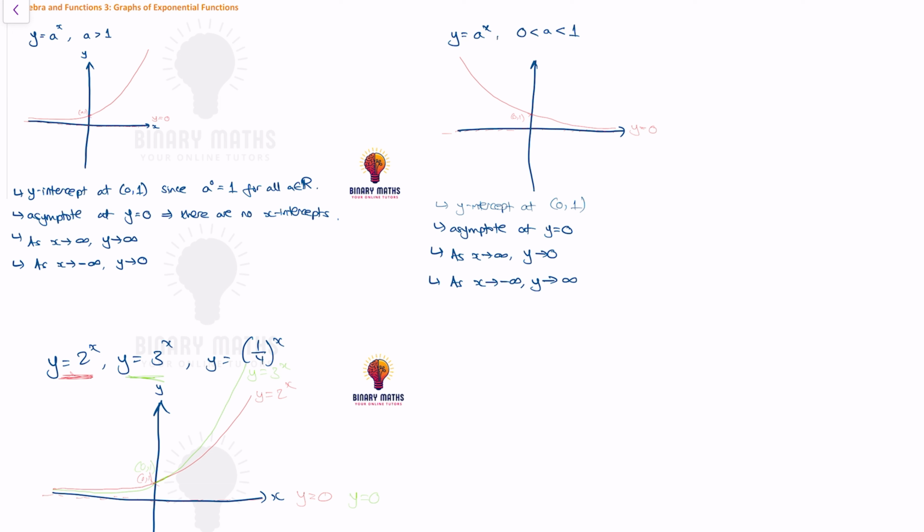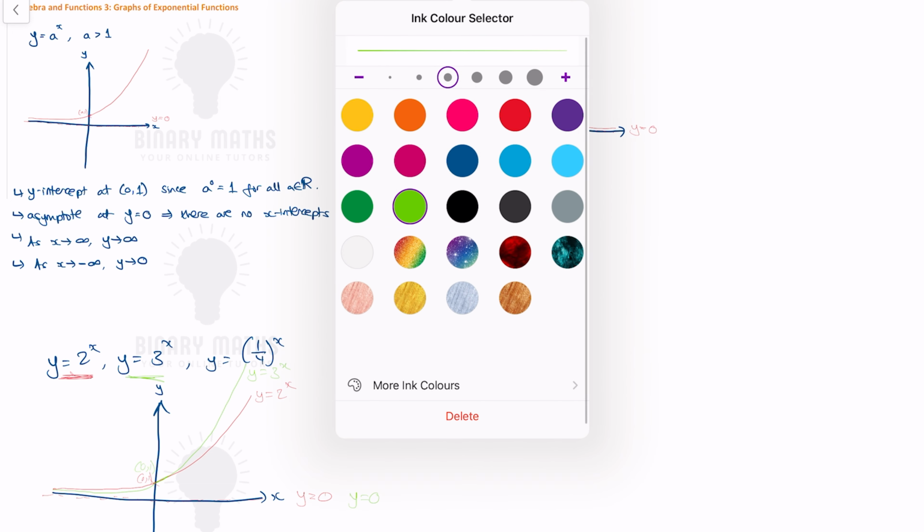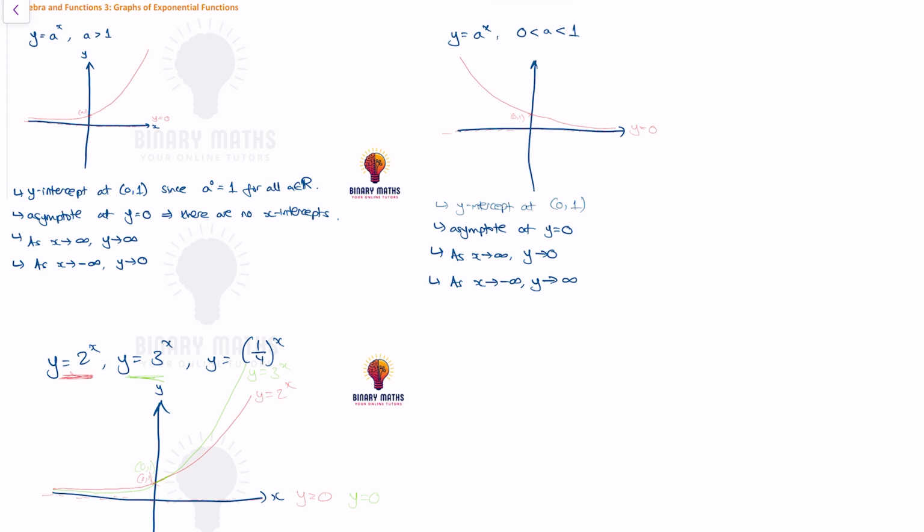If I have a quarter to the power of x, let's change that to blue. Okay, a quarter is between 0 and 1, so I know it's going to be the opposite way around. So it gets closer and closer to 0 in this part.